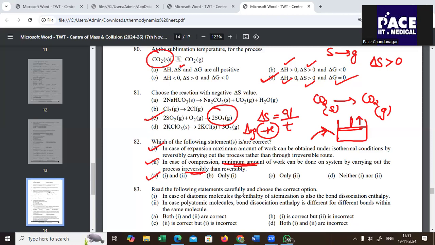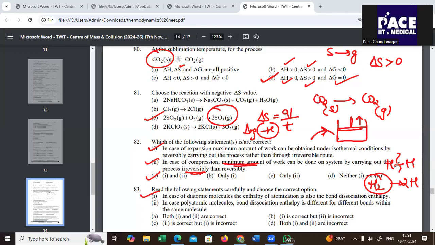Read the following statements carefully and choose the correct option. In the case of diatomic molecules, the enthalpy of atomization is also the bond dissociation enthalpy. Yes, diatomic, which means H2. H2 atomization leads to 2 hydrogen, which is nothing but bond dissociation. Yes, it is right. Each bond, that bond is getting dissociated.